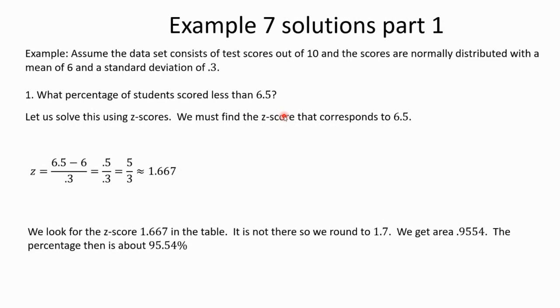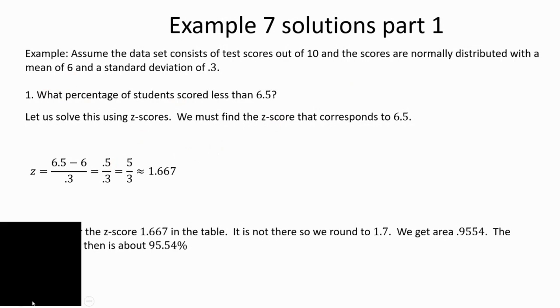So it's the same thing. We're going to use z-scores. First, we're going to use 6.5. For the z-score, the mean we have is 6. Here, let me underline that, that might be better.